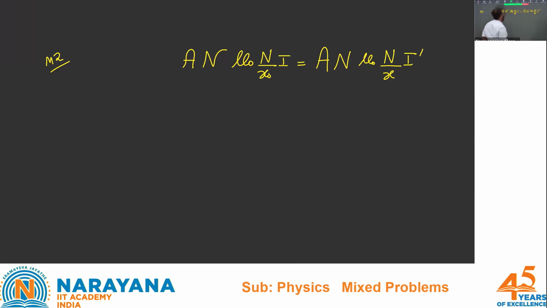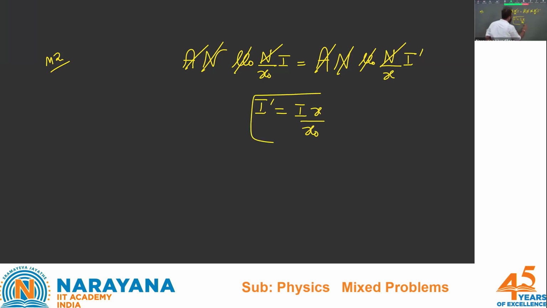So basically there should be this I prime that I should write as I x upon x naught. So in the equation that I have written previously, I should not be the right thing. We should replace it by I prime.